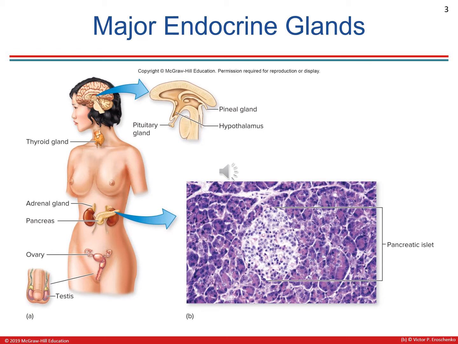From the top, you have the pineal gland, located in the posterior part of the epithalamus, and the one that secretes melatonin. Underneath, you have the pituitary gland that is hanging down from the hypothalamus. Going down, you have the thyroid gland.